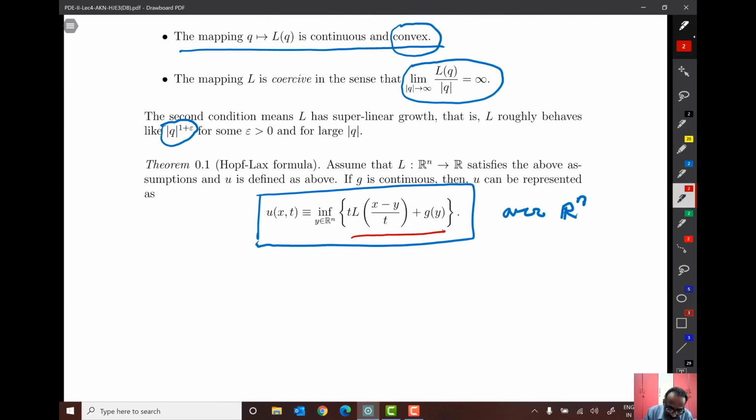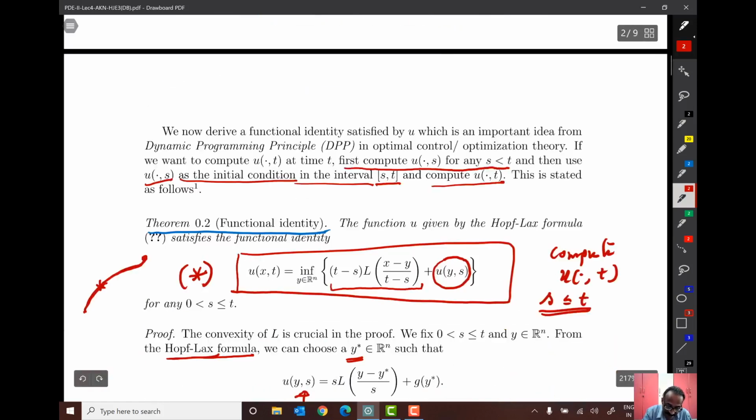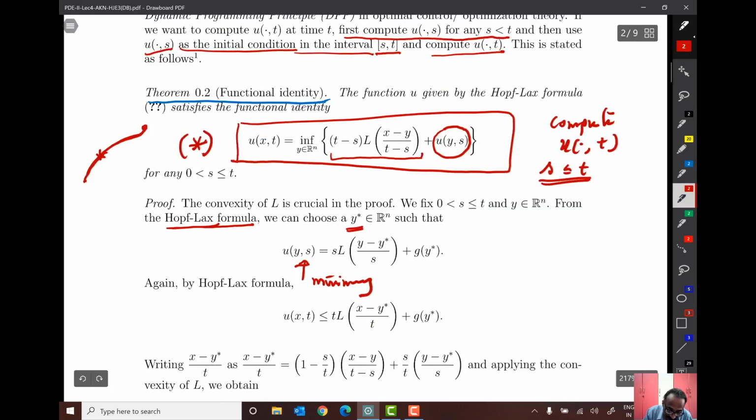And then the infimum is achieved when L has quadratic growth and all that. You can see that's where you use the assumptions. You can see that a minimum is achieved at some point y star, which we are going to use repeatedly. So you will be able to choose y star in Rn where the minimum is achieved.